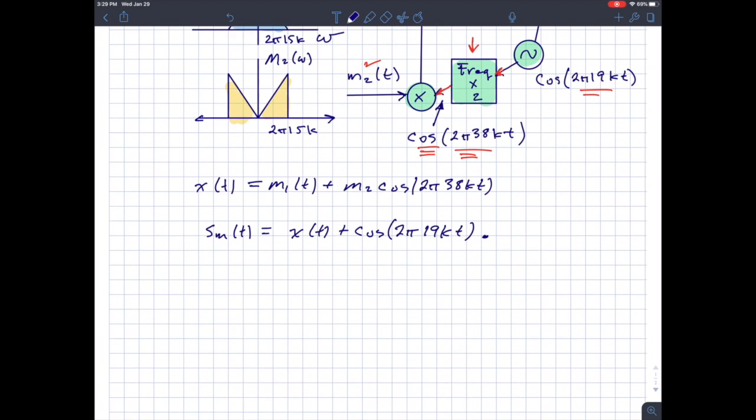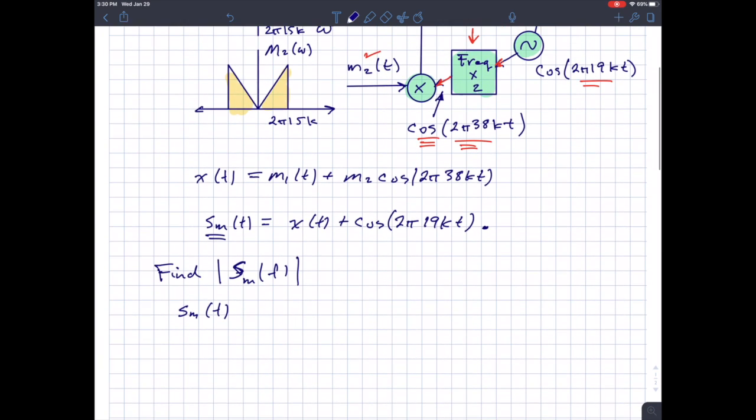Let's take a look at SM and look at what it looks like in the frequency domain. I can expand that a little bit, SM of t. So, a question: find the magnitude of capital S M of F, the Fourier transform of this stereo message signal.